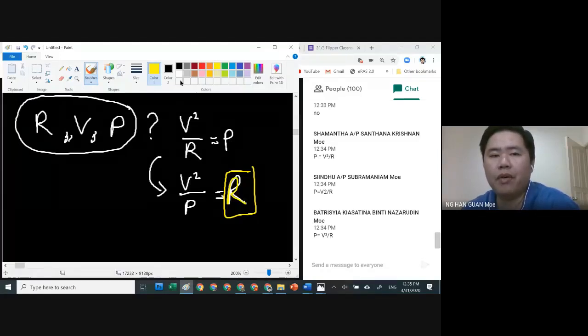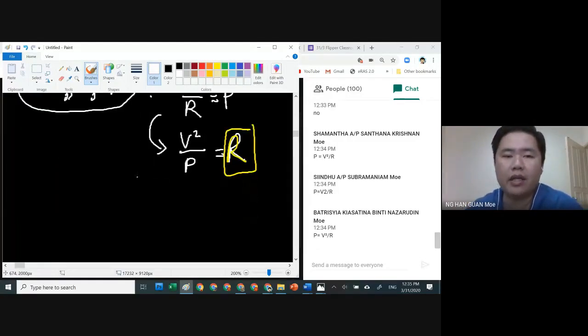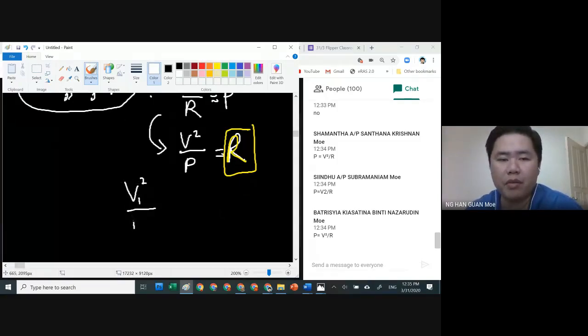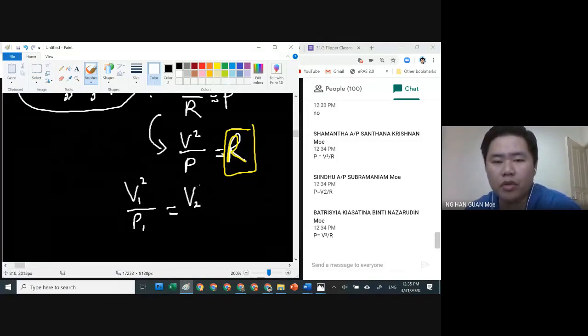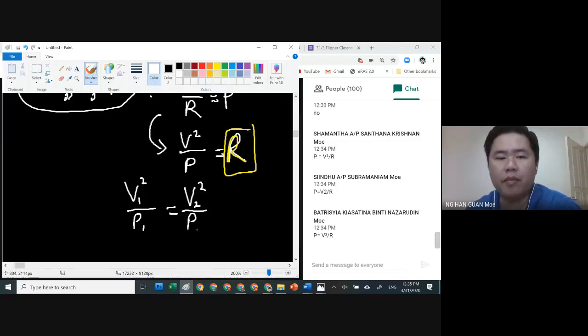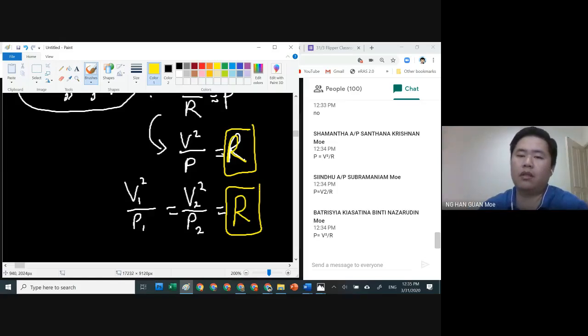So to make sure we apply the constant R, V1 squared over P1 must equal V2 squared over P2. Then it will always equal our constant R. So you are not applying V1 over P1 and V2 over P2.